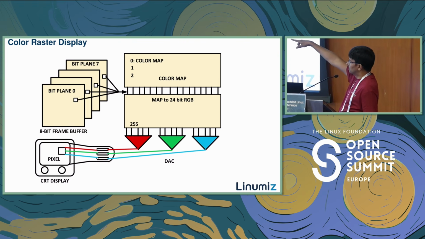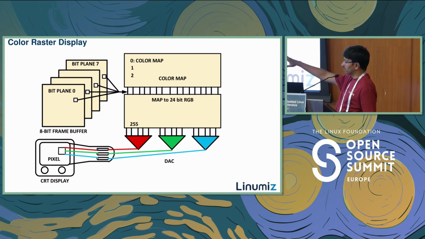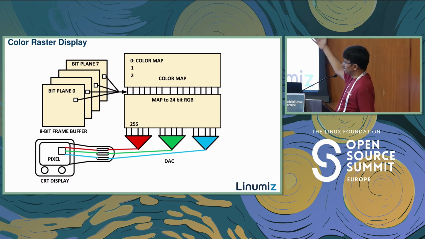So all the way from your pixel frame in the RAM, for every byte, translating that into a 24-bit RGB, and then coming into the hardware layer and displaying it.